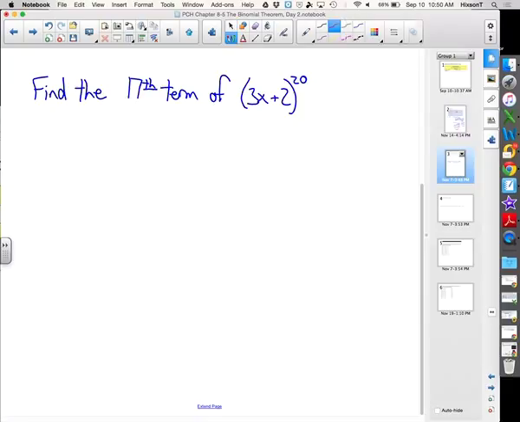The 17th term. So just so we're all off on the right foot, what does r equal? 16. Alright? So take it from there and see if you can't find the term. And it's okay to have scientific notation.